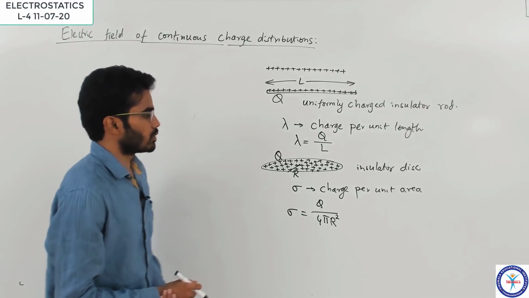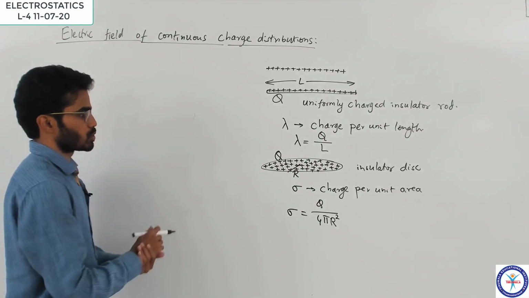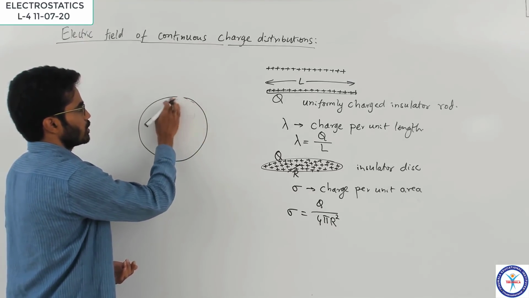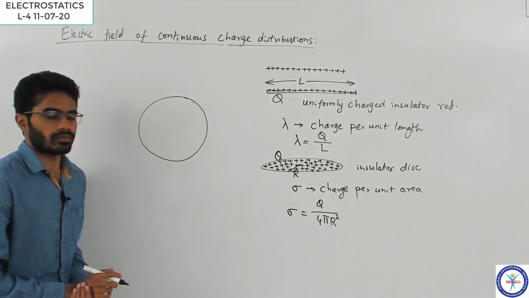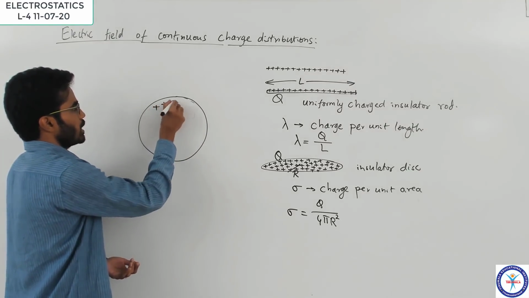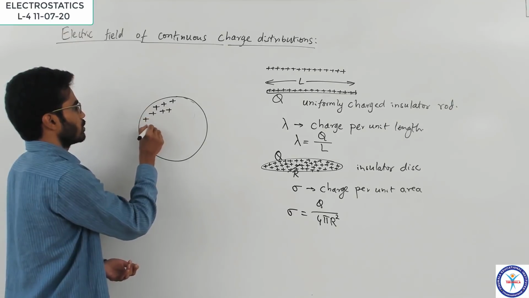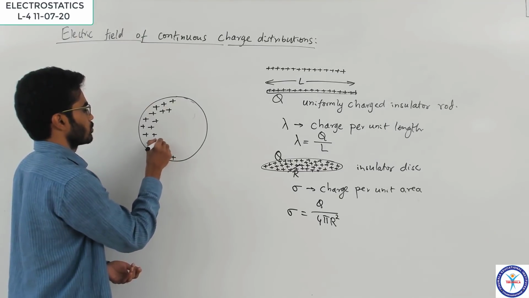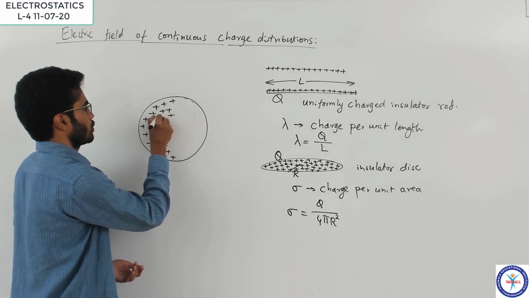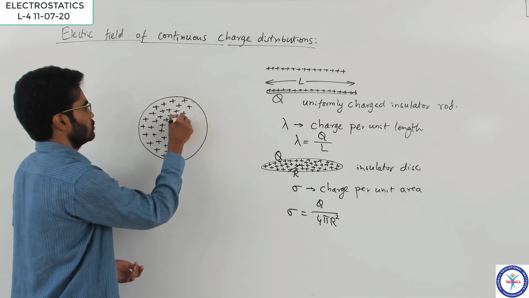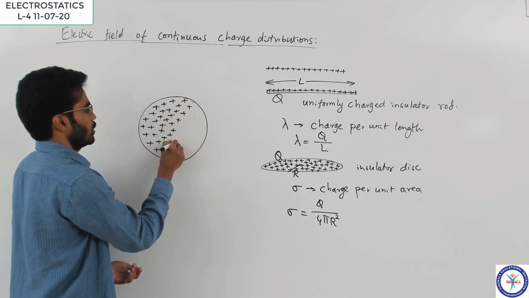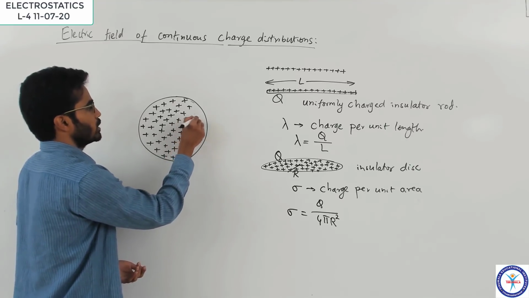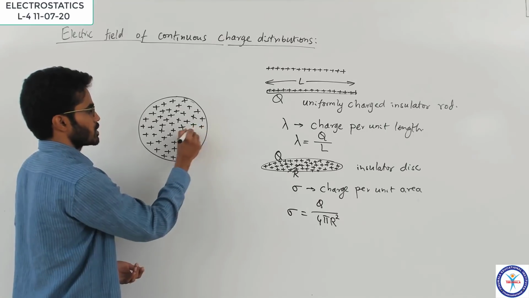Similarly, we use rho for volume distributions. For example, there is a solid sphere, right? The charge is present uniformly everywhere throughout the volume of the sphere.